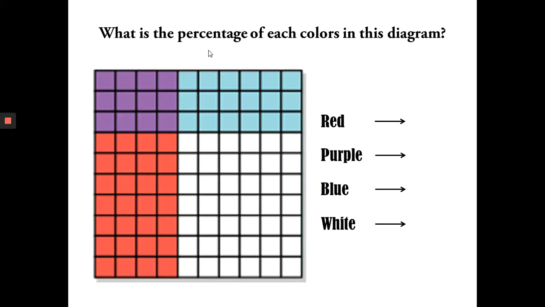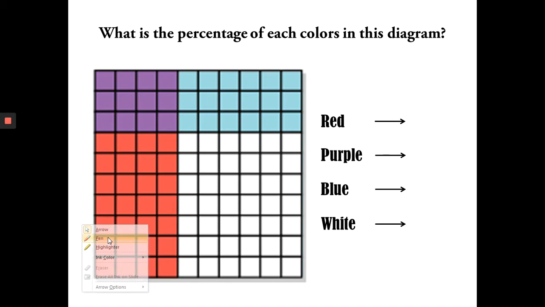Okay, but before we proceed to that, let's take a look at this diagram you see here. There are four colors, right? The purple, the blue, the red, and the white. Okay, so we're going to find the percentage of each of these colors in this diagram. In this diagram, this is divided into how many parts?